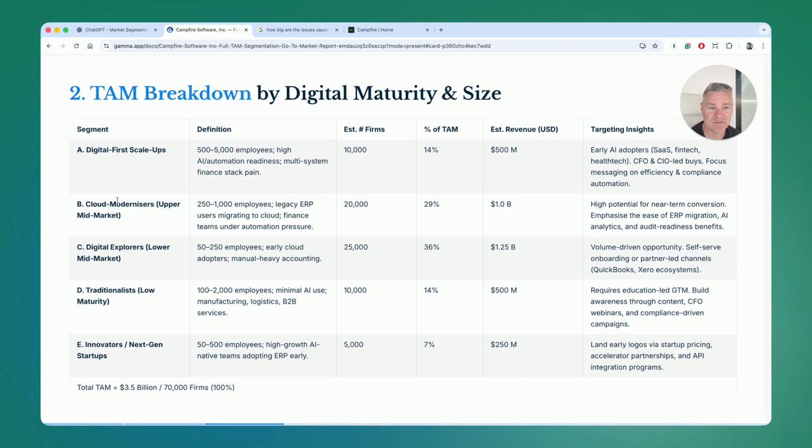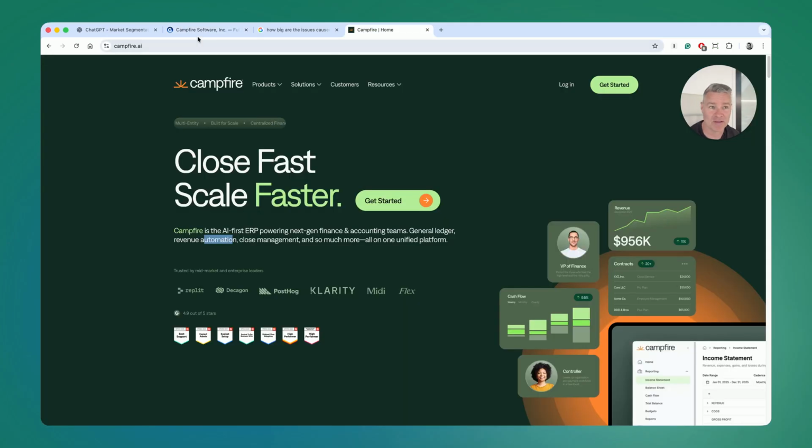Digital-first scale-ups, cloud modernizers, digital explorers, traditionalists, and innovators. You can see a definition of what sort of segment they are, what are their characteristics, how many they are, what percentage of your addressable market they are. And importantly, here's a revenue look. What's really going on here is we now have five segments within all those companies that might wish to buy this product.